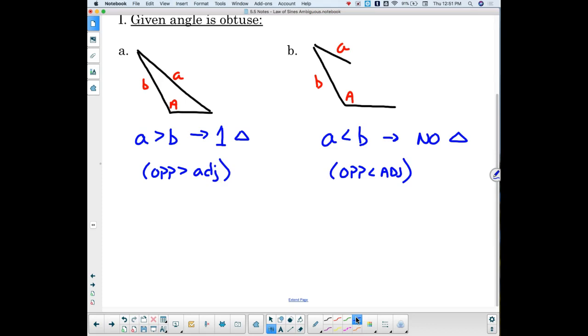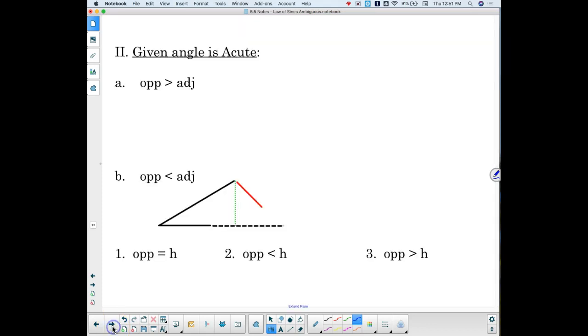So first, look at your given angle. If it's obtuse and your opposite side is bigger, we get a triangle, use law of sines like normal. If the opposite side is smaller, no triangle is produced.